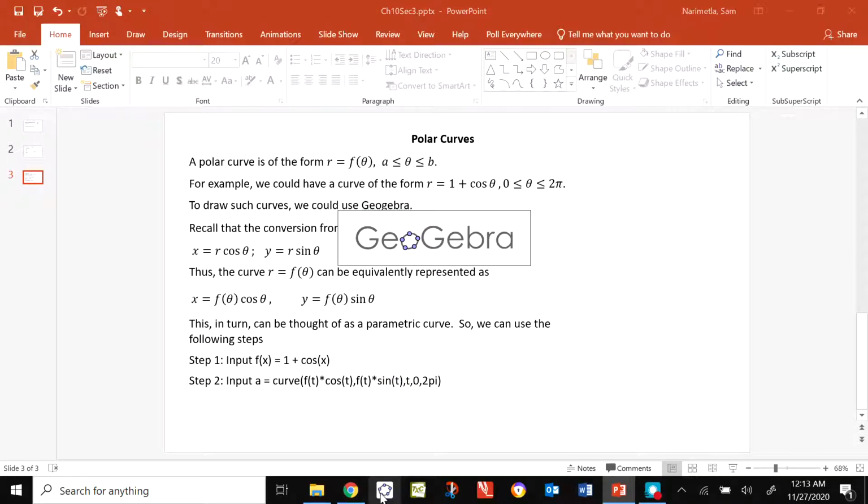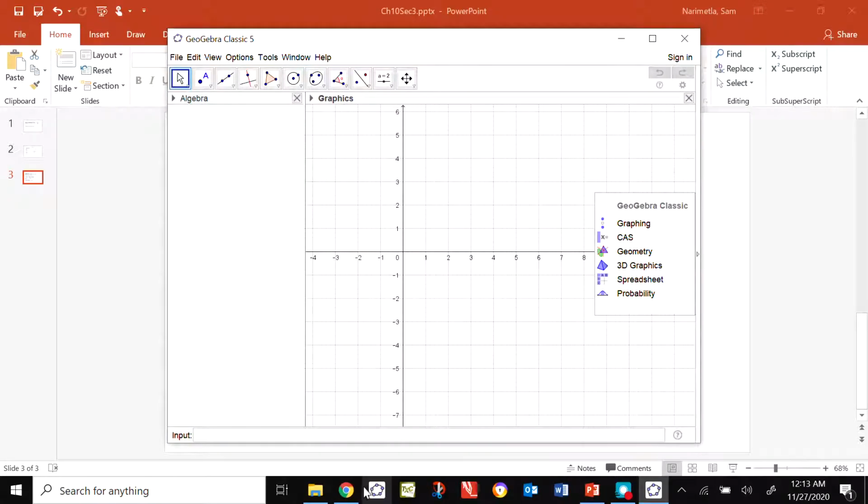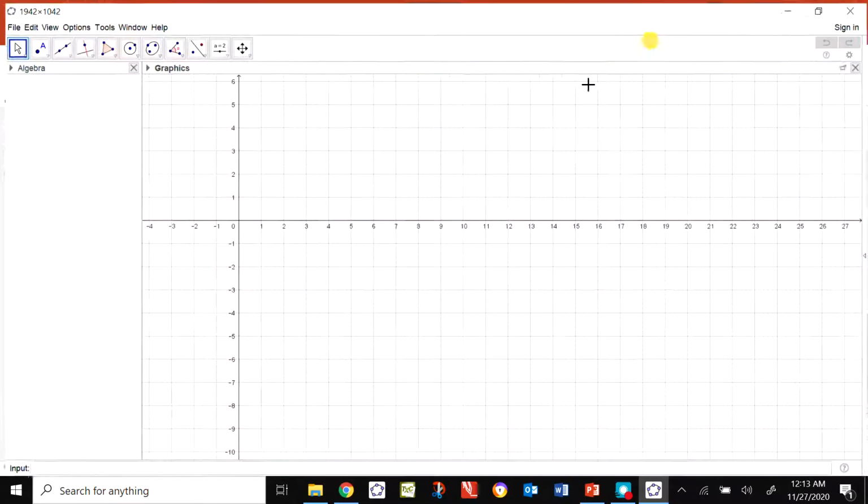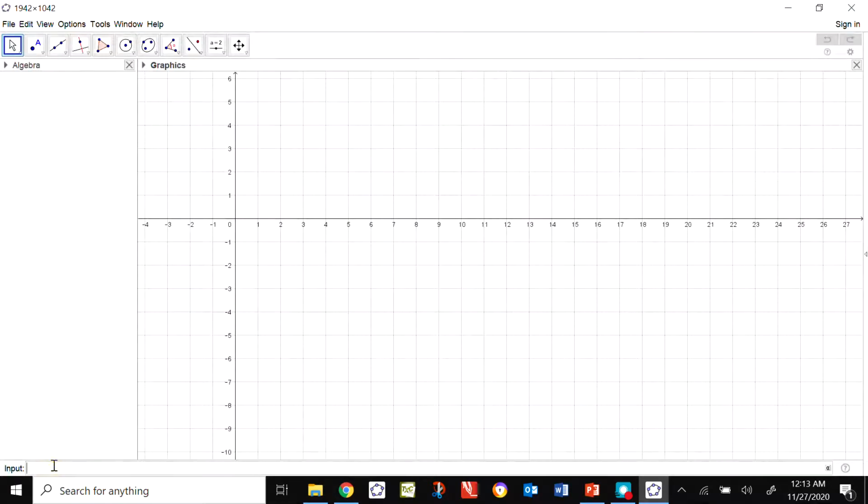So let me go to GeoGebra and illustrate this with an example. Okay, f of x equals 1 plus cosine of x.